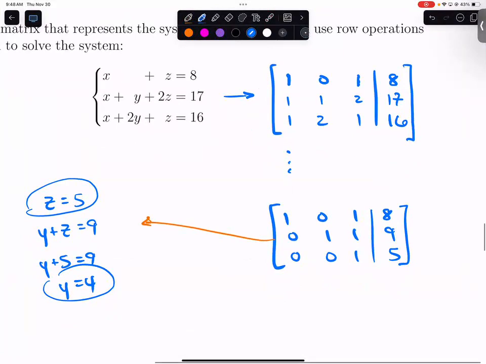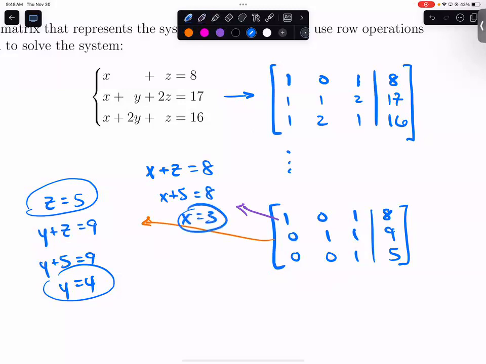And then the top row says that x plus z is 8, which means that x is 3. So our solution is 3, 4, 5.